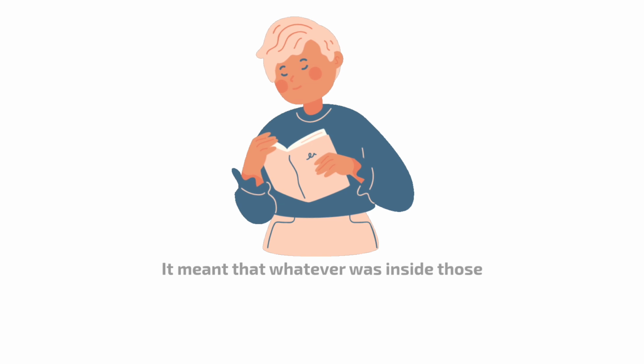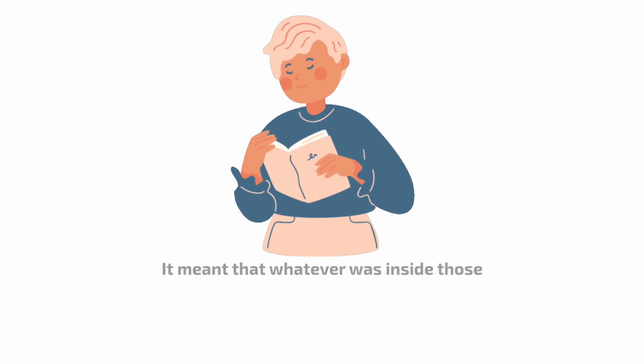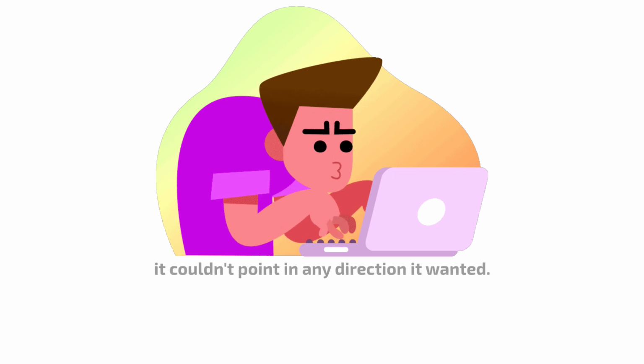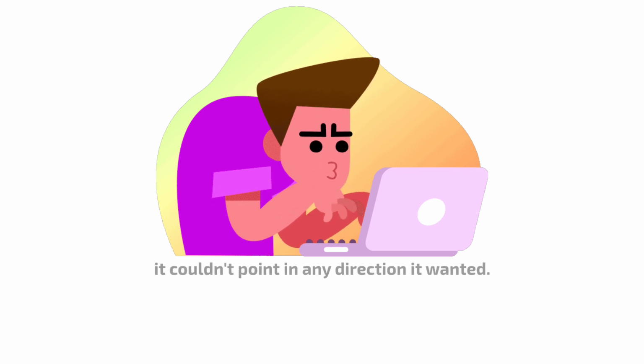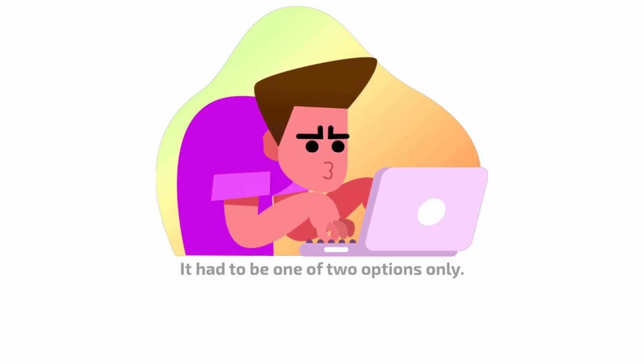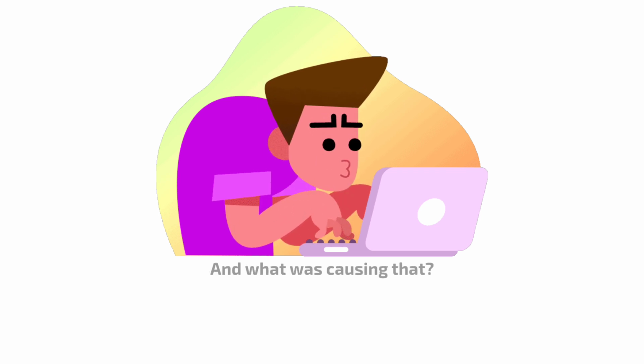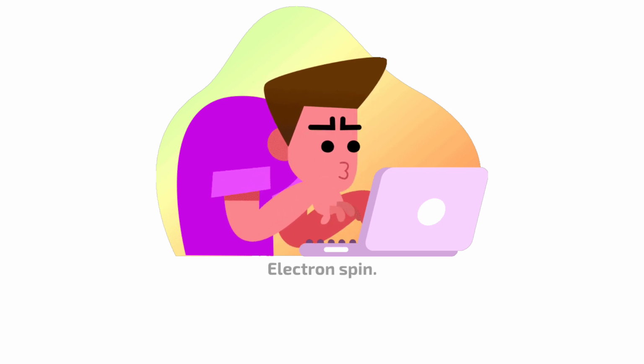This was shocking. It meant that whatever was inside those atoms, whatever was creating that magnetic response, it couldn't point in any direction it wanted. It had to be one of two options only. And what was causing that? Electron spin.